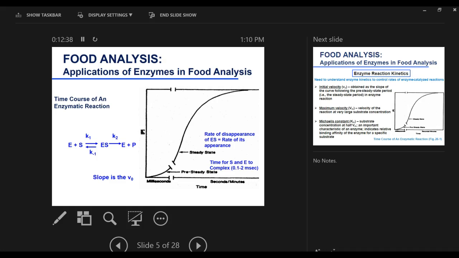That means K minus 1 plus K2 equals the rate of appearance, which is going into ES. That's steady state. Appearance, disappearance equal. We have a steady state, and it's a linear relationship between the product and time. So the slope of that is your initial velocity. Okay, so slope is the V0 or initial velocity.